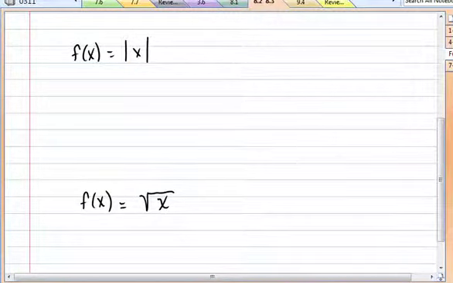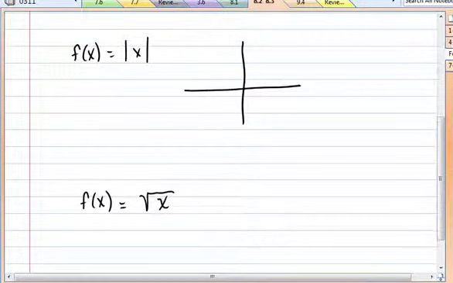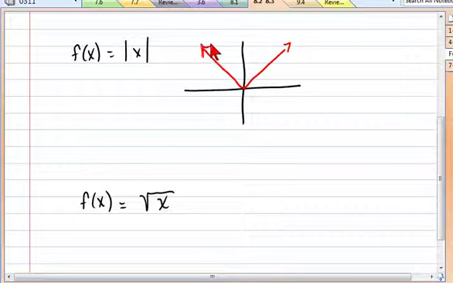What this one looks like is a V. If you were to find several ordered pairs, plugging in some x's and cranking out their y's, you would get points that go on this right-hand side and points that go on this left-hand side, and you would get 0, 0. So you get a V. The absolute value graph looks like a V.